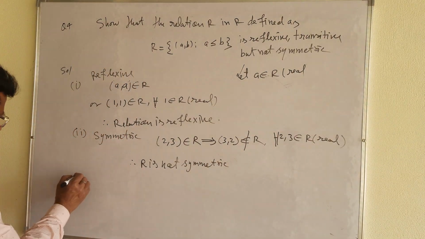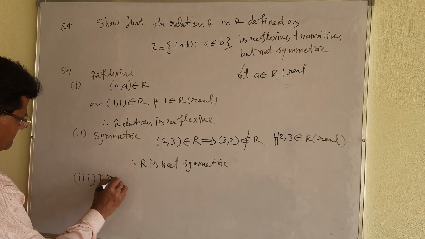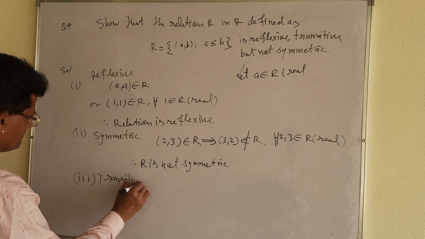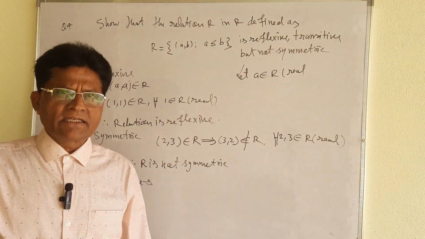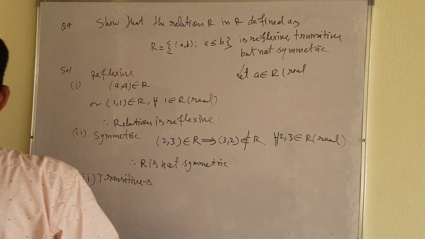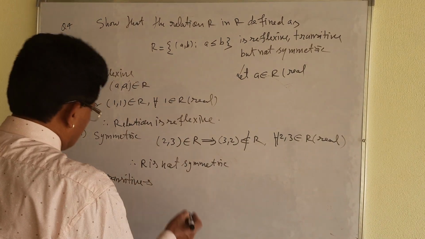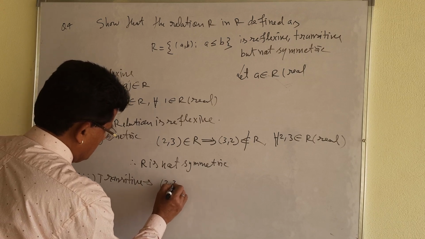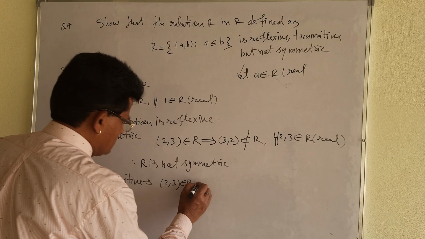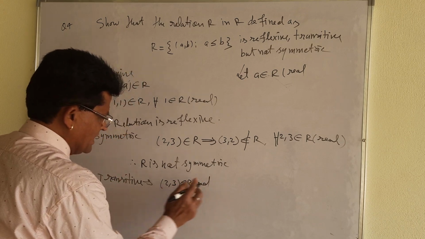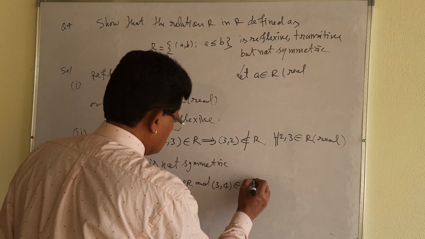Okay, let me take the third, transitive. Similar kind of thing I am taking in the transitive relation. Similar kind of numbers you can take. Suppose I am taking (2, 3) belongs to R, and one more thing, next element you take (3, 4) also belongs to R, continuous.